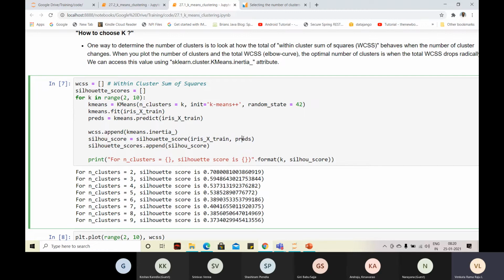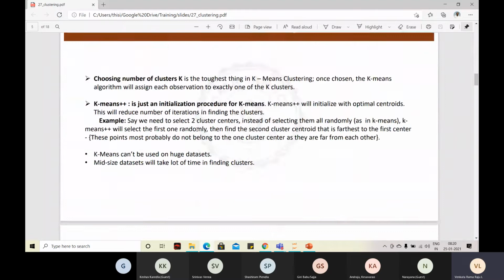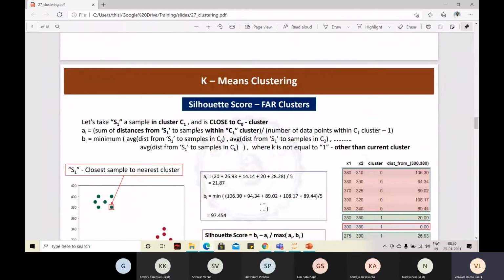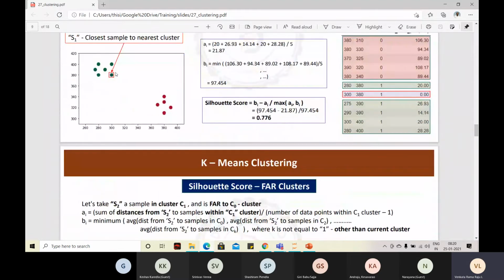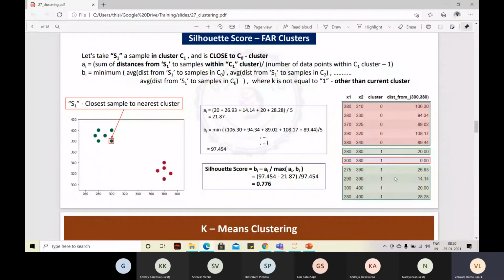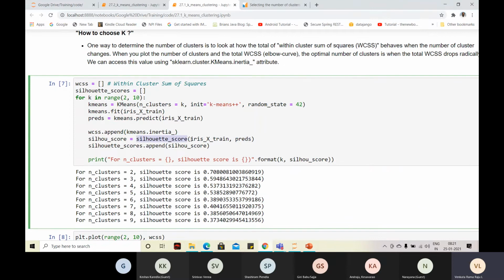Only then will it be able to calculate these scores, right? So you need to pass your X train, the input data, and then the predicted values, which are the cluster numbers. Which cluster each record belongs to.